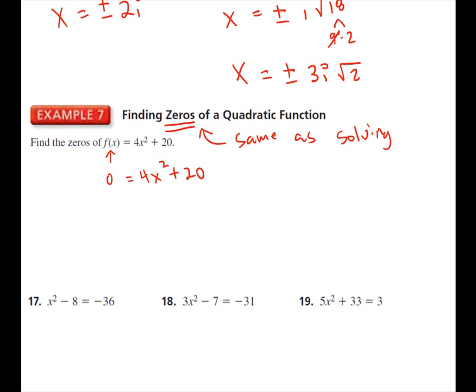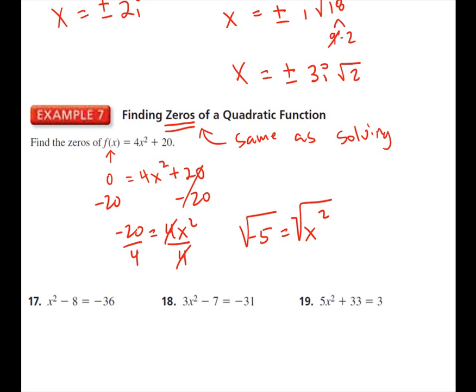I notice this problem only has a and c, so I need to get the x squared by itself. I subtract 20 on both sides. 4x squared is equal to negative 20. Divide by 4 on both sides. I'm going to end up with negative 5 equal to x squared. Square root both sides, so I'm going to get a plus or minus. Put the i on the outside. Square root of 5 is equal to x. I can't simplify the square root of 5, so I'll be done. And that's all that is right there.